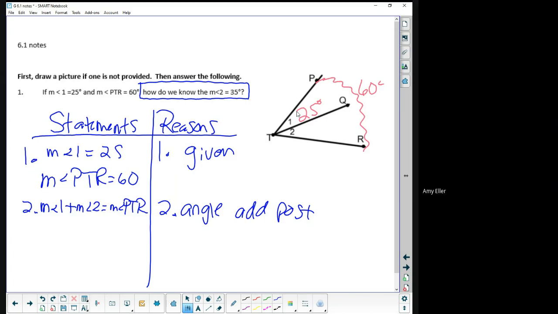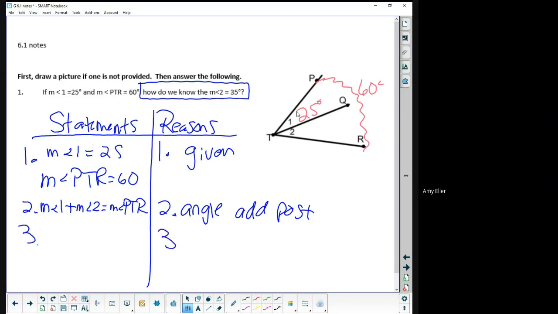A postulate is a statement that is accepted as true. Yes, it's accepted as true without proof. A theorem, however, has been proven. Somebody did one of these big long proofs, way longer than what we would do, and it's become a theorem. A postulate is just accepted as true. There's never been a proof for it because it's a basic idea. A conjecture is just a guess based off a pattern. It may or may not be true. Okay.